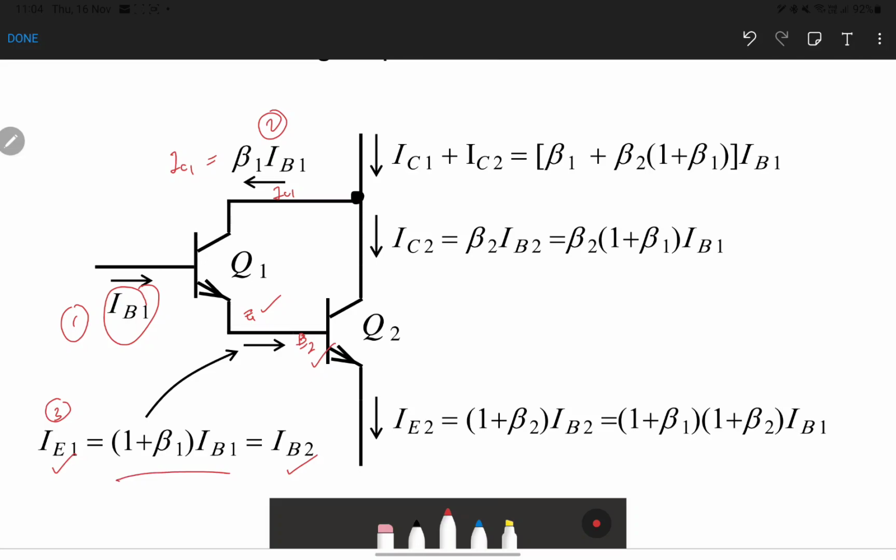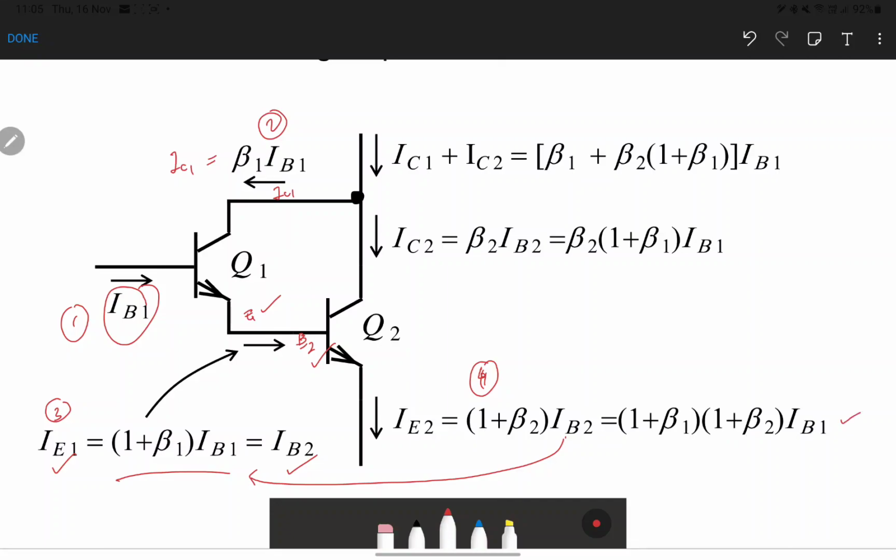After we get IB2, now we can find IE2, where IE2 equals 1 plus beta 2 times IB2. Then we can replace IB2 with the previous formula of IE1, so it equals 1 plus beta 1 times 1 plus beta 2 times IB1.